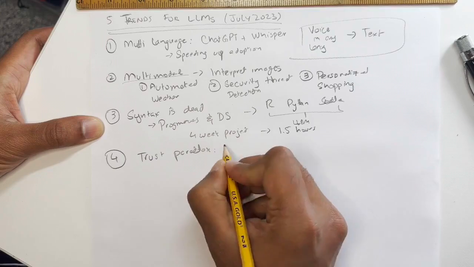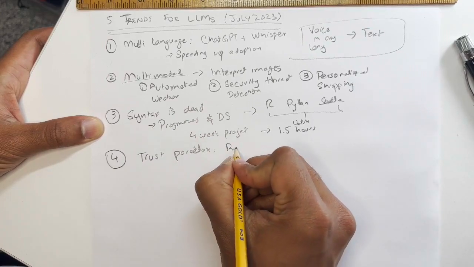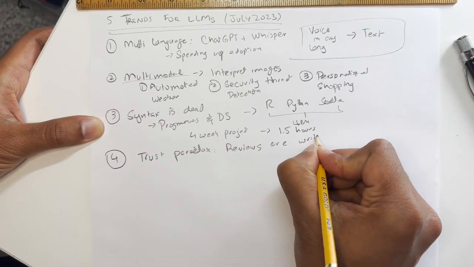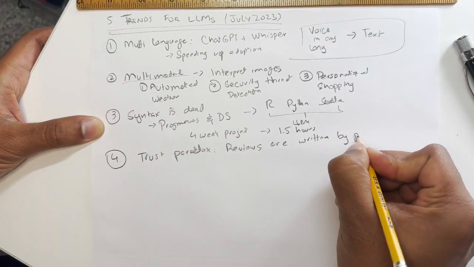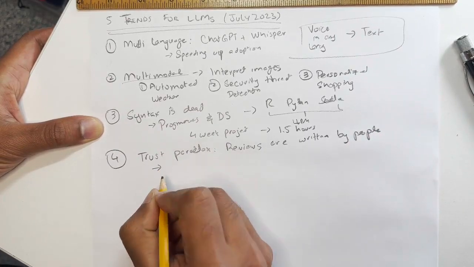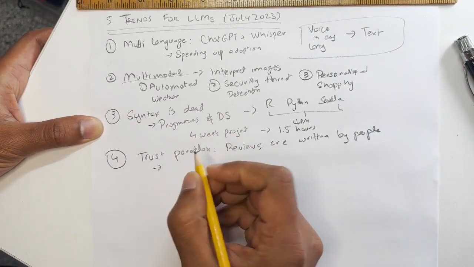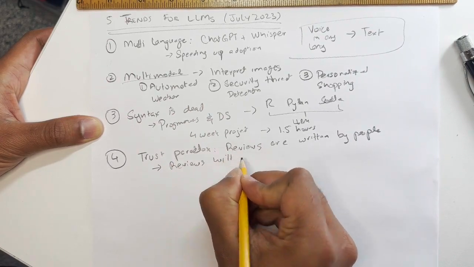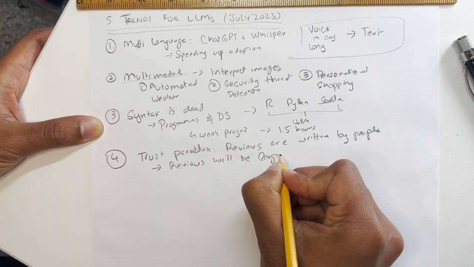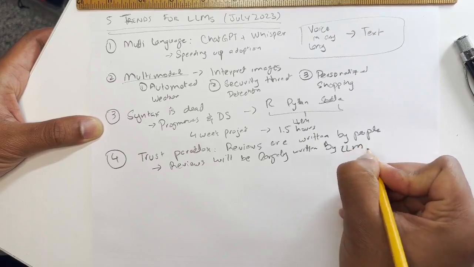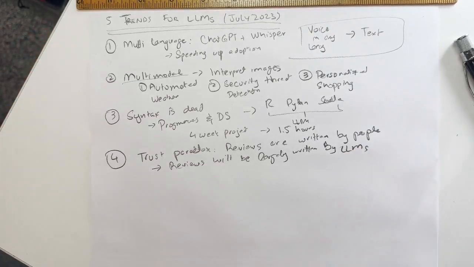So today when you go online and for example, reviews, any reviews that you read are written by people, or we believe they're written by people, and they're real people with real images, and I think a year from now, very likely, those images will not be real, and reviews will be largely written by LLMs.